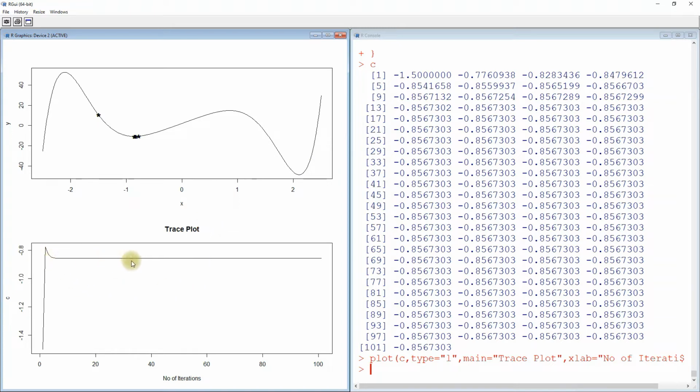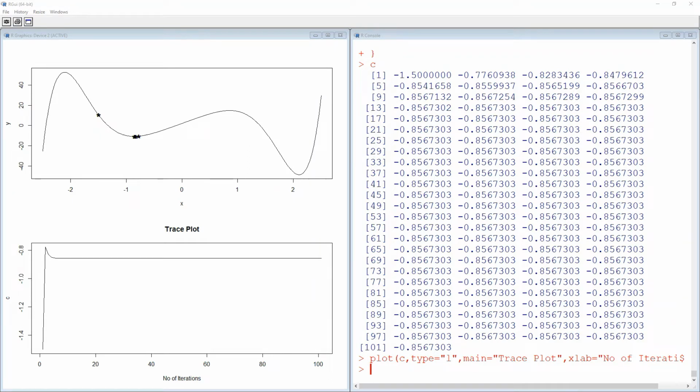By the way, look at the trace plot. There is a convergence. So you might think that you have reached the optimal solution, but it's not necessarily the optimal solution as well. This is one of the issues that we have with that method when you just take this change in Wij that I just showed you.